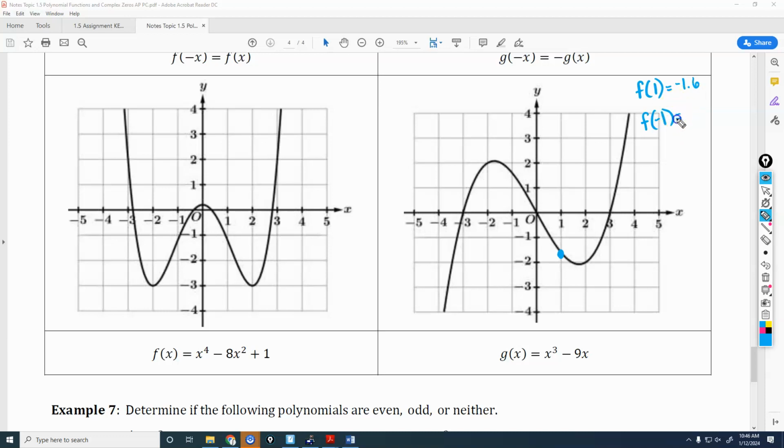On an odd function, I will get positive 1.6. The sign will be opposite right here. So negative 1.6 is right here. You can see that is on the graph. So you'll have the same absolute value, but it's going to be the opposite sign on an odd function.